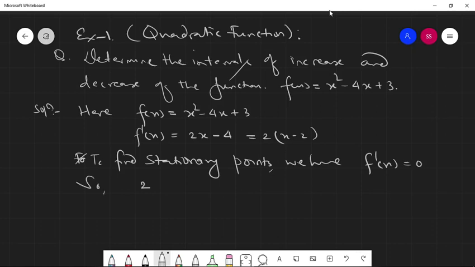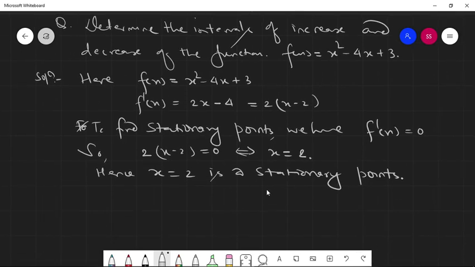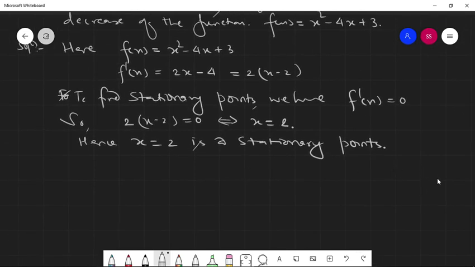So 2 times x minus 2 equal 0, x equal 2. Hence x equal to 2 is a stationary point.